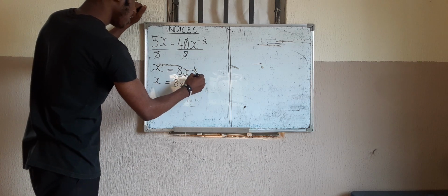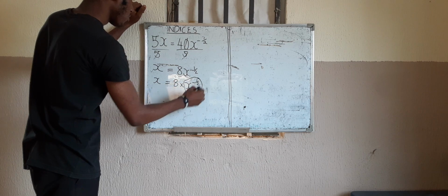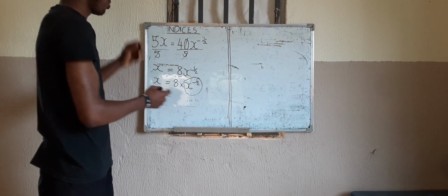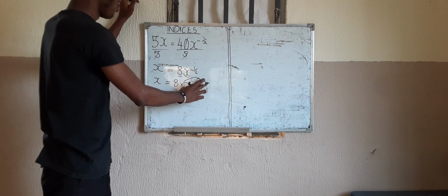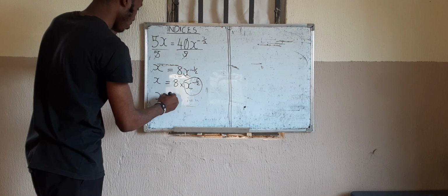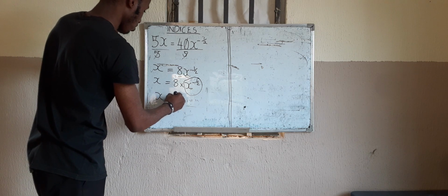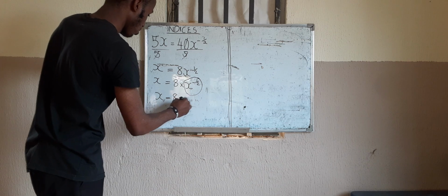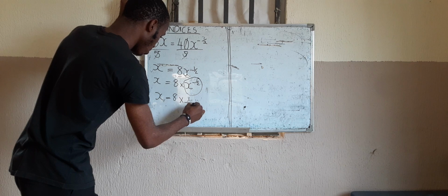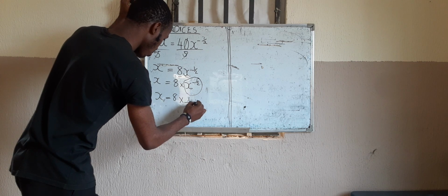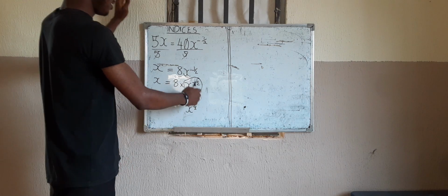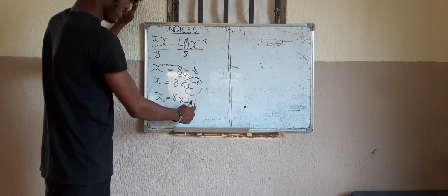So in the laws of indices, in our next video we are going to look at the laws of indices, but I'll bring in this law here that says when you invert it, the minus sign goes away.